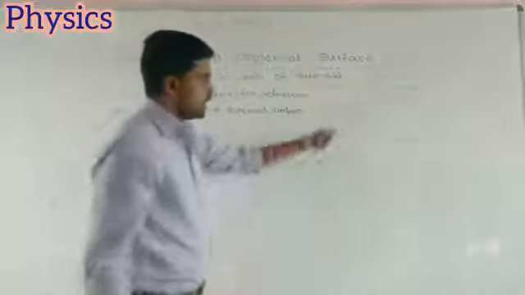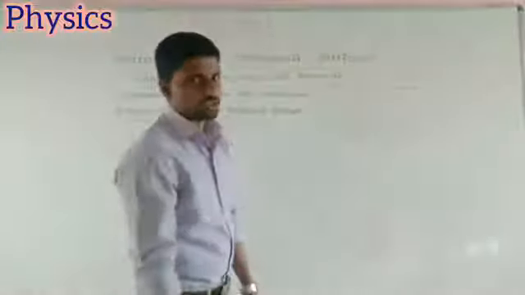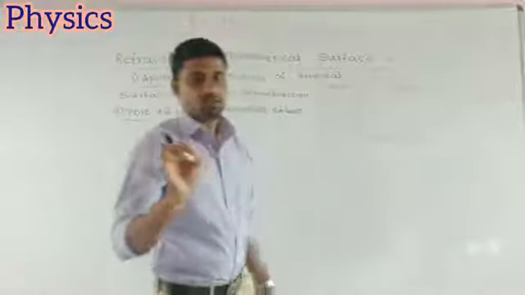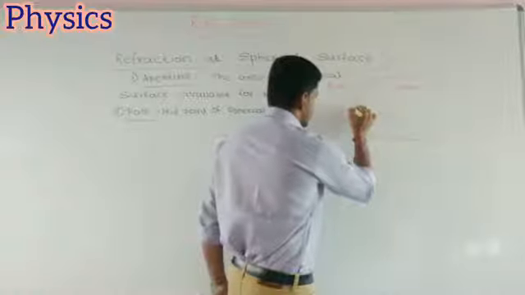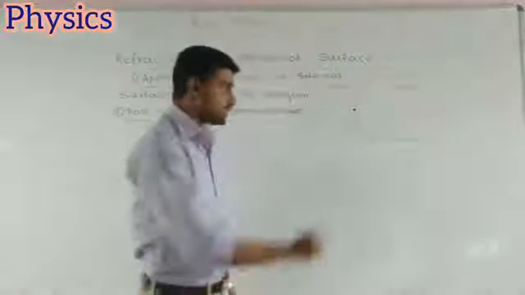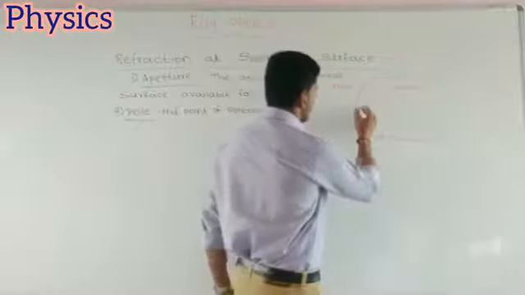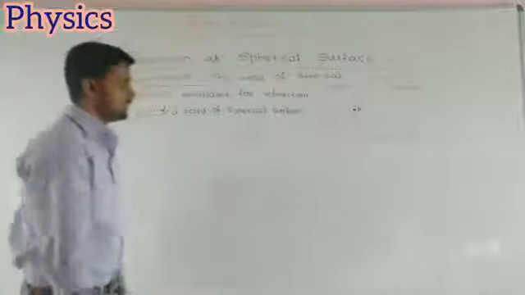See here, this is a refracting surface of this spherical surface. It has one midpoint. Assume that this is the midpoint. Then this midpoint of the spherical surface is called the pole. That is another term.